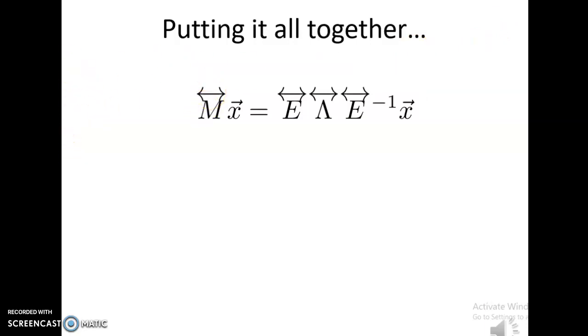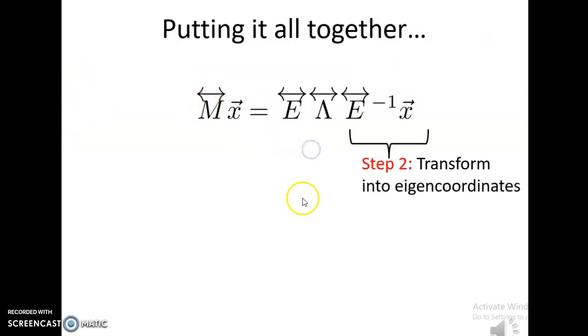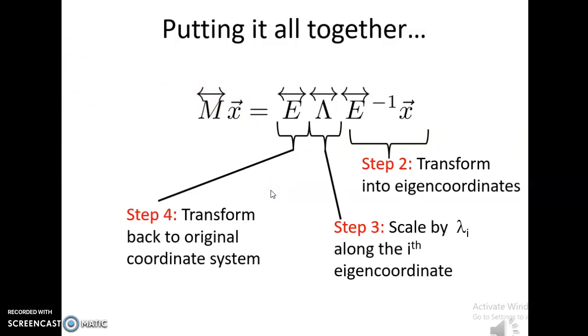Again, next step, from this, putting it all together, continuation: M times x vector equal to E vector, lambda, E inverse vector times x.